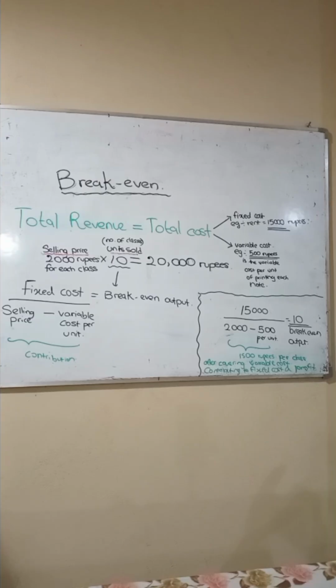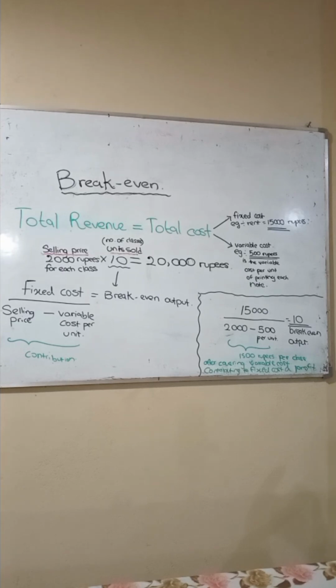Because if I can't pay off my bills like the rent and other costs, I probably won't be able to keep my business going. So my expectation was just to go at the break even. I just wanted to make enough money to pay off my bills. That was my concern. So this is the break-even output.